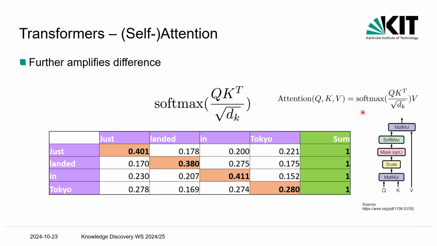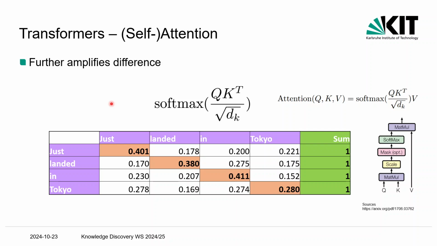The idea of the softmax is that it further amplifies the differences between the different entries. So we actually get to find out what's the most relevant word for this word right now. Okay, it's still itself. And if you know what a softmax is, as you should, then you'll see that the rows here all sum up to 1.